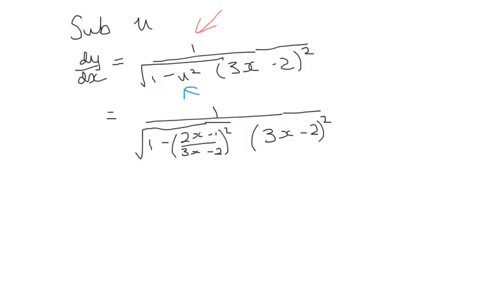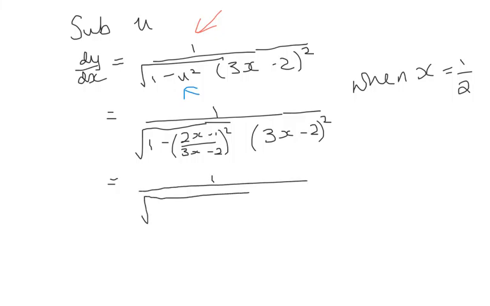That's the derivative done. We need to evaluate this when x equals a half, but there are lots of terms that simplify. So we're just putting a half in where we see the x. So it's 1 over the square root of 1 subtract this bracket, which is just 2 times a half subtract 1.